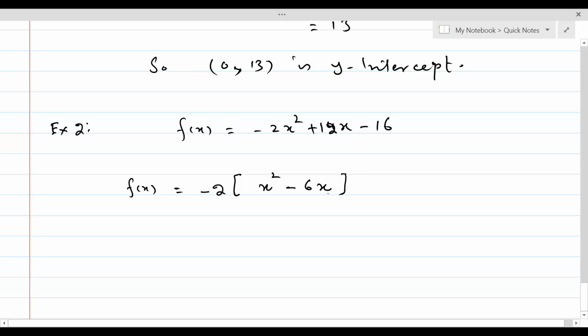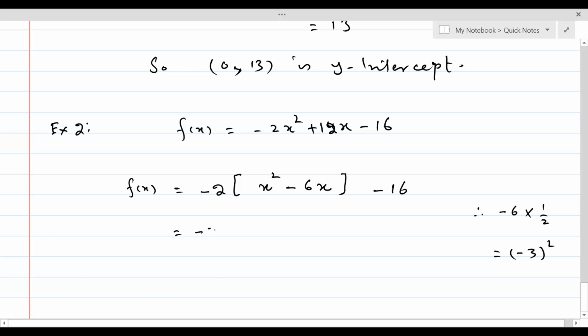We just take the common factor out of the first two terms and leave the constant term as such, minus 16. Now the coefficient of x is minus 6. Multiply it by 1 by 2, that is minus 3, and taking the square, this is the number we are going to add and subtract.